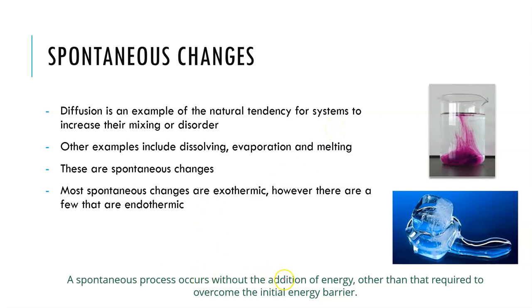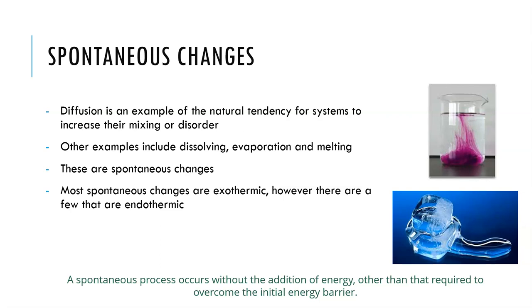Okay, so a spontaneous process occurs without the addition of energy other than that required to overcome the initial energy barrier. We've seen this in redox processes where we have spontaneous redox processes which allow us to create galvanic cells. Diffusion of a gas is also an example of this natural tendency to increase mixing or disorder. Dissolving, evaporation, melting, these are all spontaneous changes.